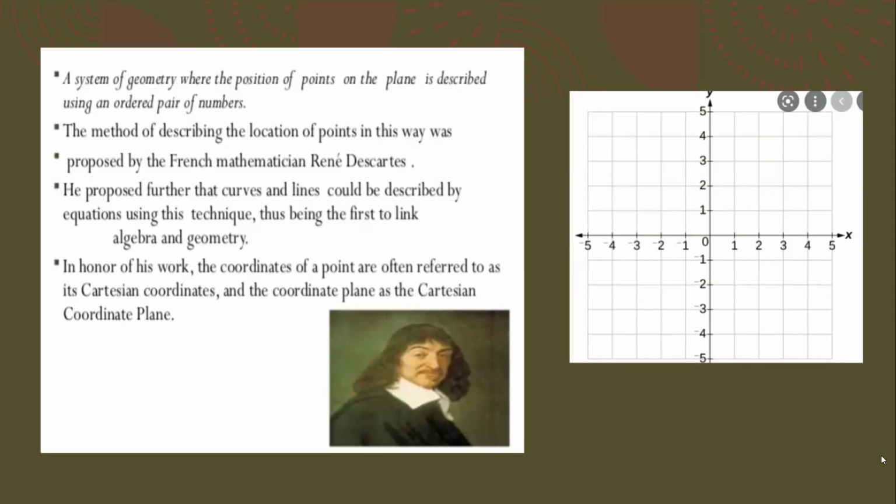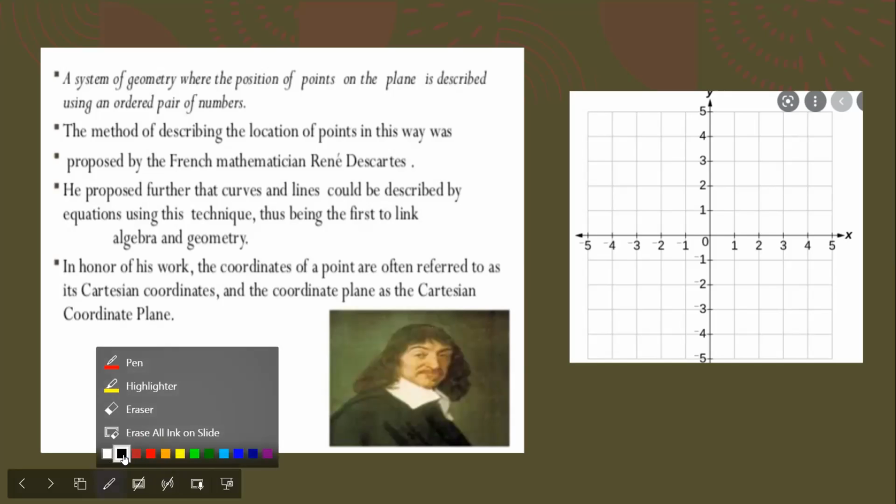He proposed further that curves and lines could be described by equations using this technique, thus being the first to link algebra and geometry. In honor of his work, the coordinates of a point are often referred to as its Cartesian coordinates and the plane as the Cartesian coordinate plane.